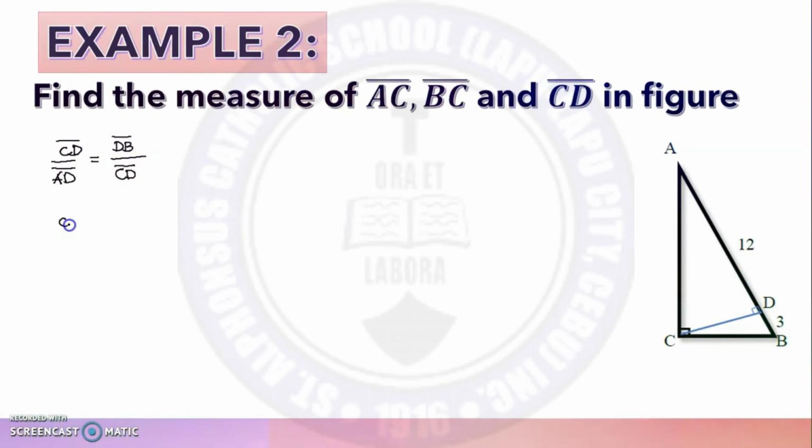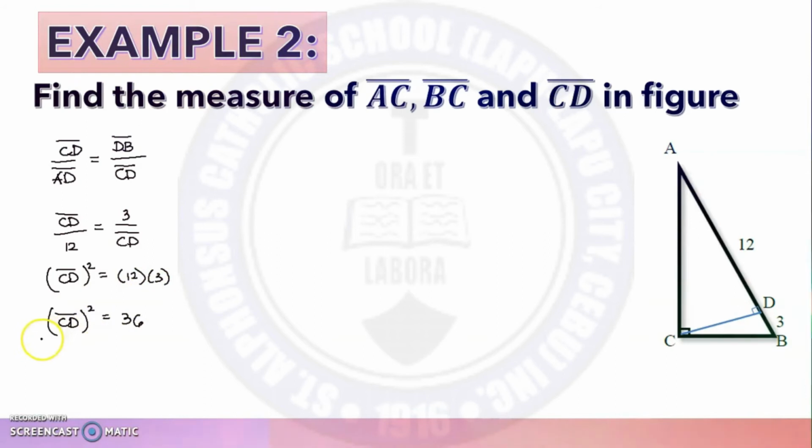We will substitute CD. AD is 12 and DB is 3. Then write CD. Then you can say that CD squared, you're going to cross multiply, 12 times 3. So CD squared, and 12 times 3 is 36.